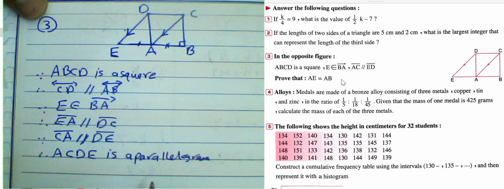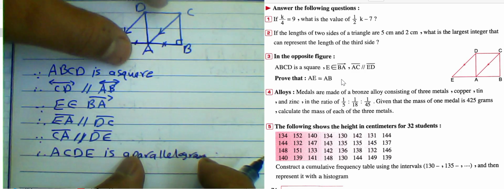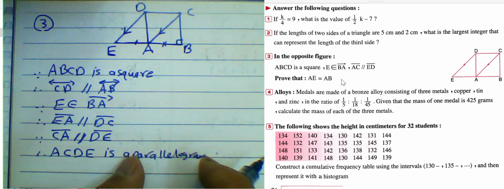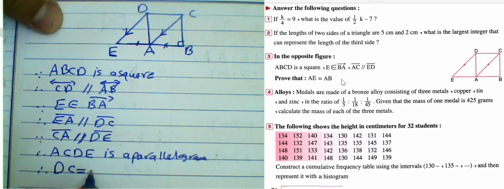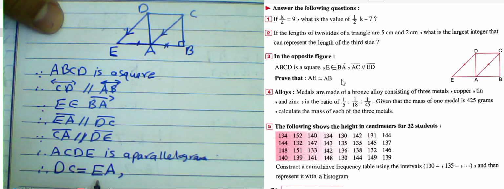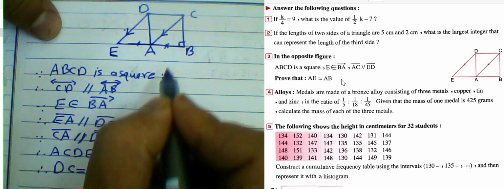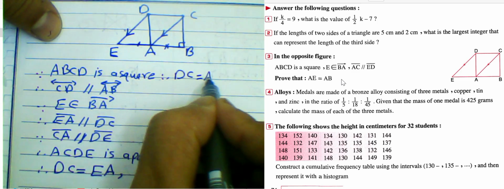Okay, then we have a parallelogram. And the properties of a parallelogram: each two opposite sides are equal in length and parallel. Then we prove that DC will be equal EA. And we have properties about a square, DC equal AB.